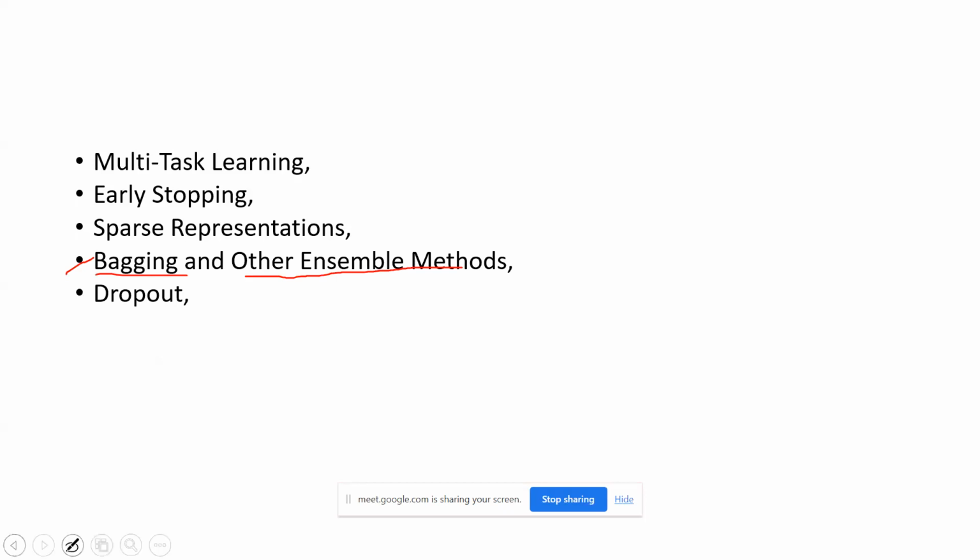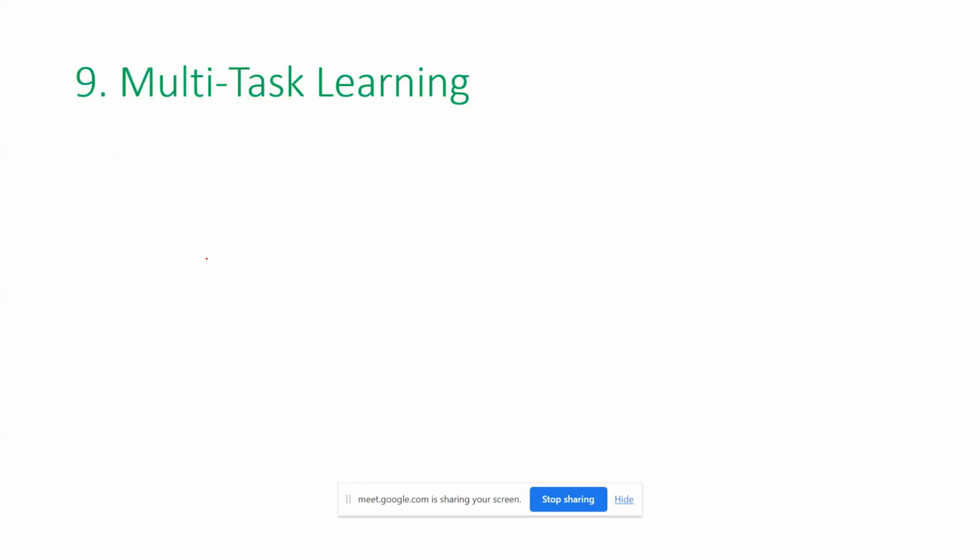So before starting this dropout regularization technique, we would like to discuss bagging and ensemble model revision, because this is one of the techniques which is interconnected with dropout. Okay, so the dropout we are going to continue now.